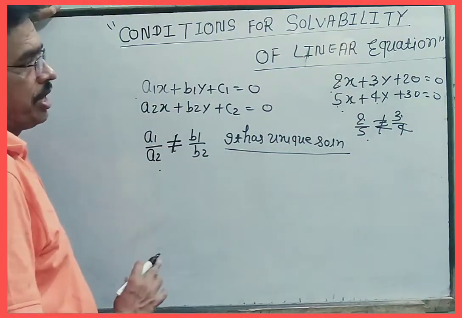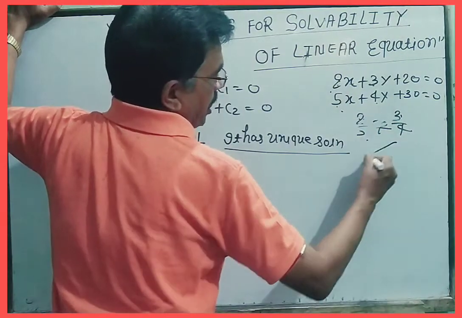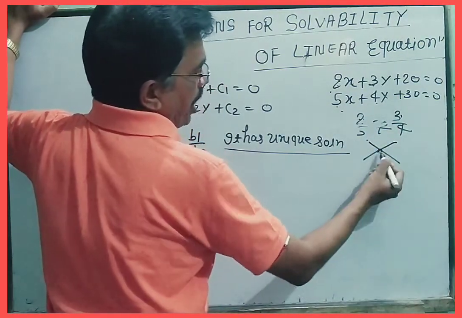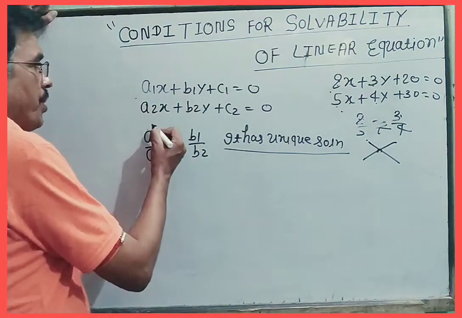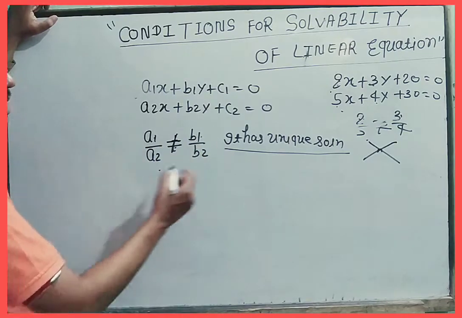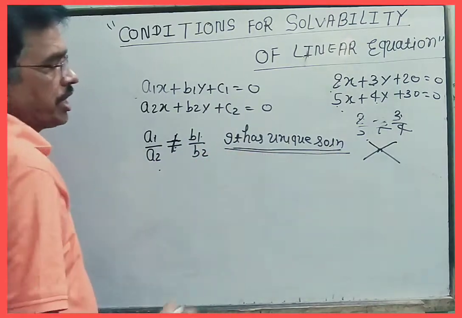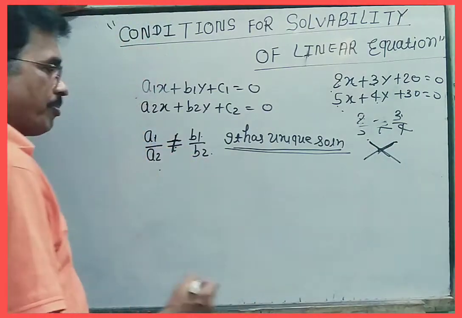And the graph of this type of condition always intersects at a point, and we can find the values of x and y with the help of the graph. So when a1 by a2 is not equal to b1 by b2, it has a unique solution and the lines intersect each other at a point.